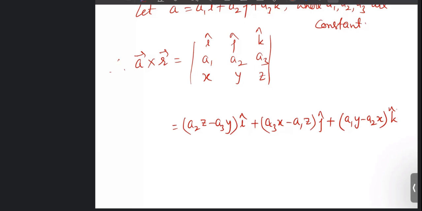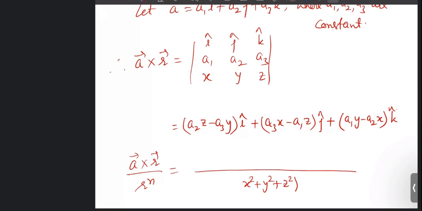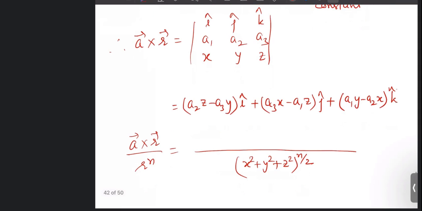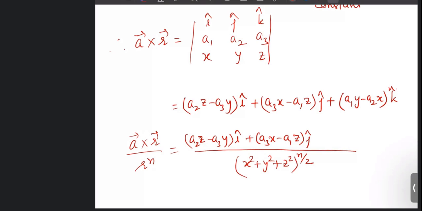And simply A cross R divided by R to the power n: just divide the whole term by x square plus y square plus z square raised to the power n by 2, because R is raised to the power 1 by 2, so R to the power n becomes n by 2. The numerator is the same as written above: (a2z minus a3y) i, (a3x minus a1z) j, plus (a1y minus a2x) k.